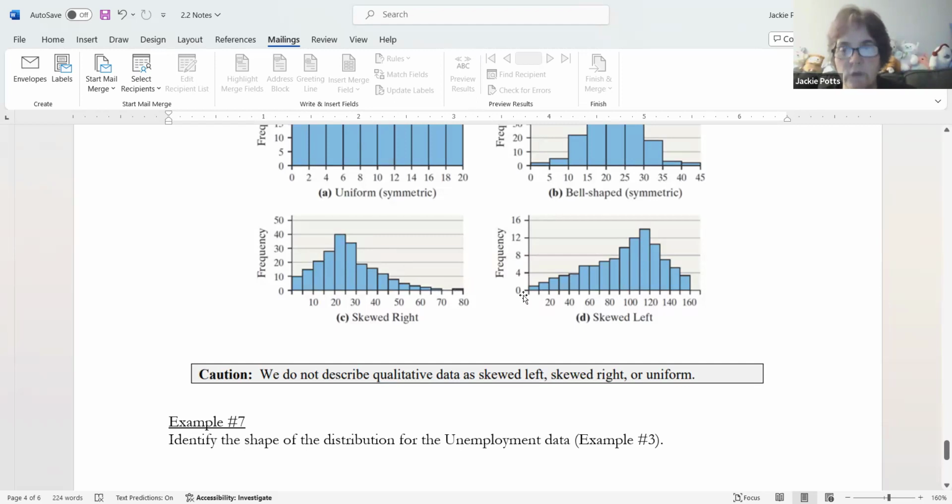Students get this confused by trying to say by where it humps. No, it goes by the tail. We'll get more into that coming up. But it goes by the tail. Caution. We do not describe qualitative data as being skewed left, right, or uniform, only quantitative.